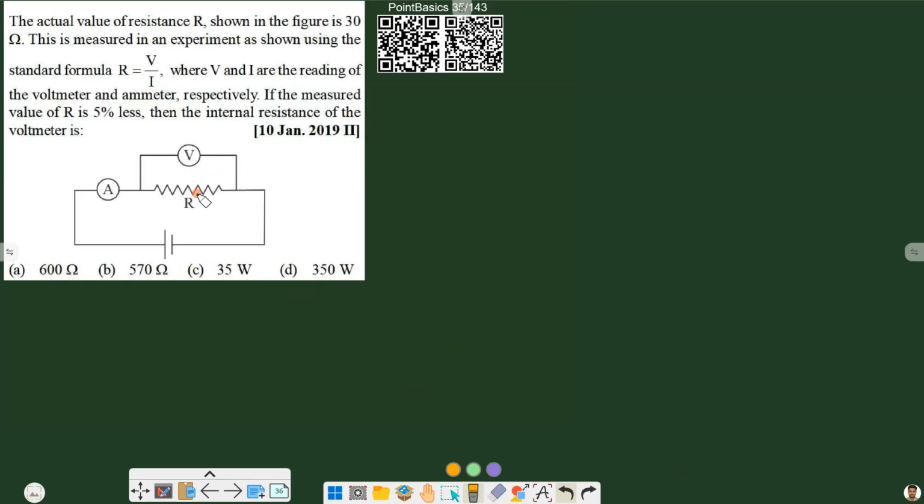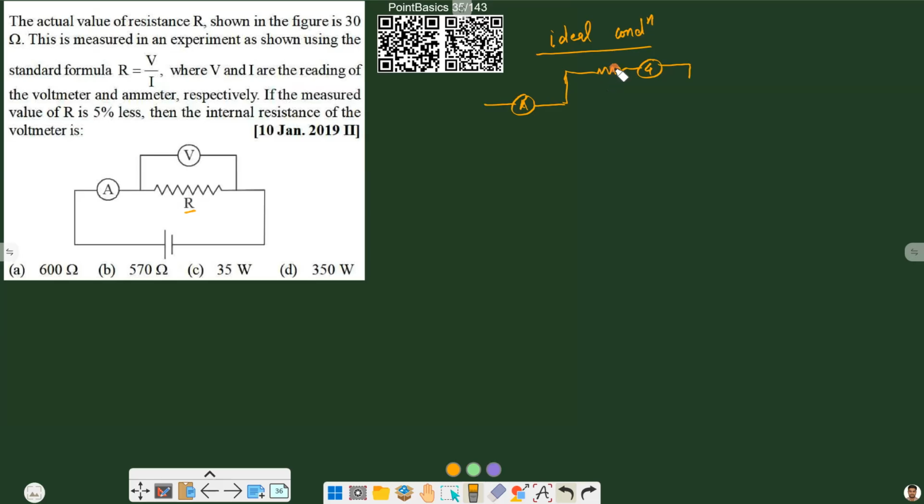Now, as per the setup, when we are measuring the value of R, what are we actually measuring? In the ideal scenario, the voltmeter is considered to have infinite resistance. So let me write, ideal condition. In the ideal condition, this whole circuit looks like this. We have an ammeter, we have a resistance here, and we have a galvanometer here, because a voltmeter is made of a galvanometer.